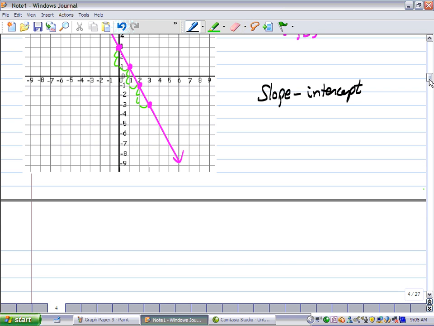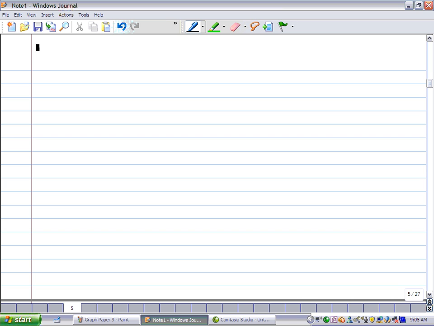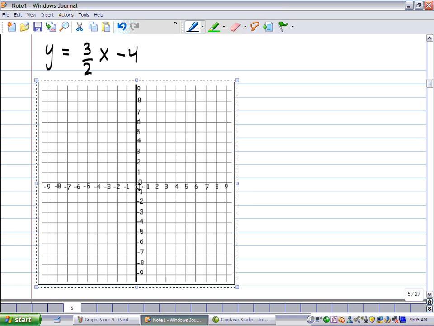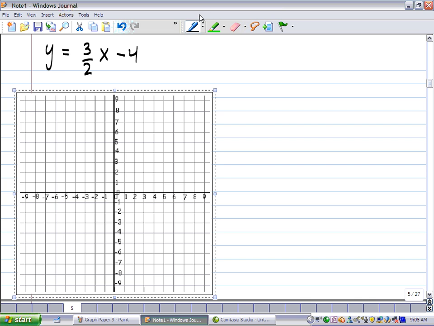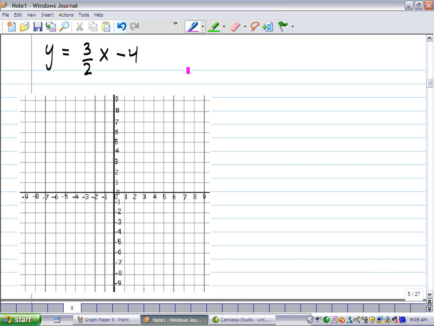Okay, let's look at one that has an improper slope. 3/2 x minus 4. Maybe give you a moment, pause this, and you graph it and see if you can do it correctly, and then turn this back on and make sure you've done it correctly.